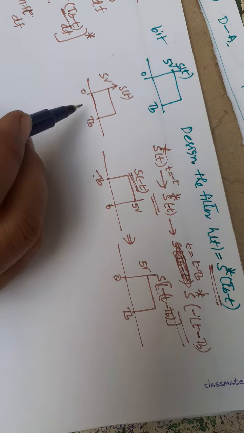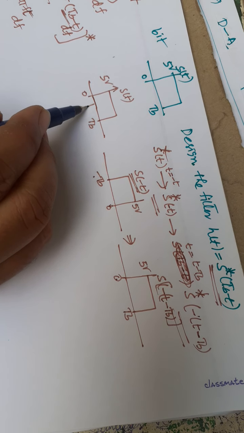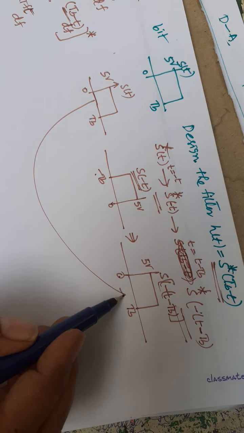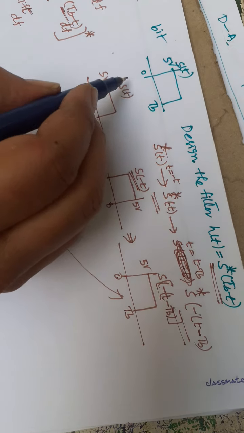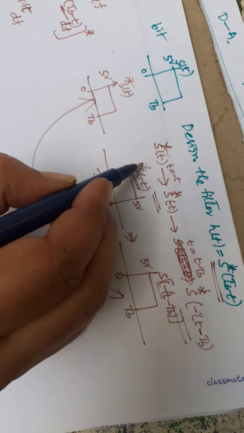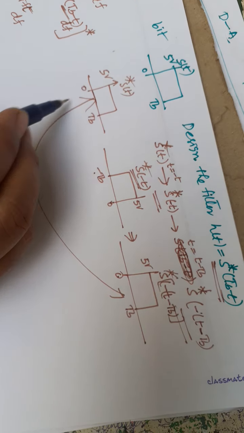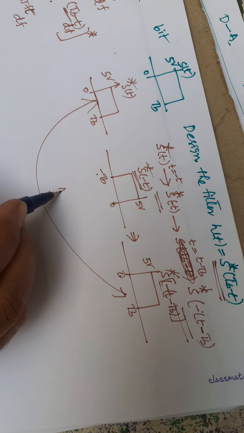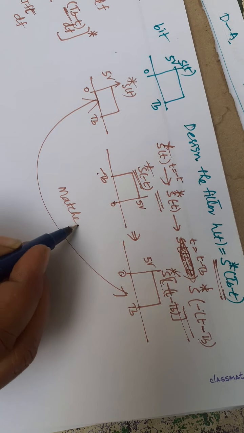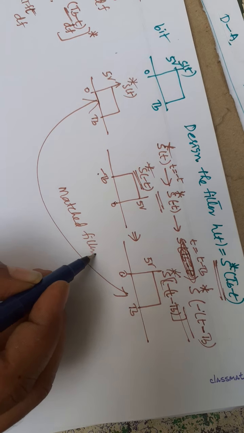Now if you observe this signal and this signal, with the complex conjugate taken, both signals are the same. That is why it is called a matched filter.